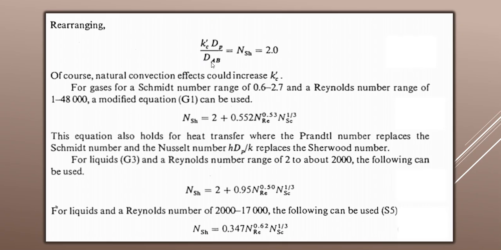Because as you could see here on top, our Sherwood number, which is not equal to 2 if it's not anymore very low or laminar, will be equated to K sub C prime D sub P over D AB. For us to know our convective mass transfer coefficient, and if we know this, then we can determine our flux, just like how we do it in our heat transfer problems.